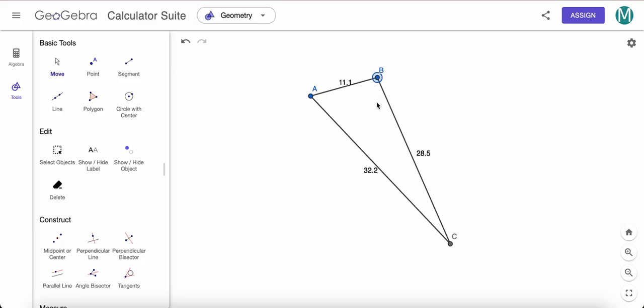The name of the city A is Chapel Hill, so I click and let's make it C, but the capital one. Sorry, capital one, and this is gonna be Durham.